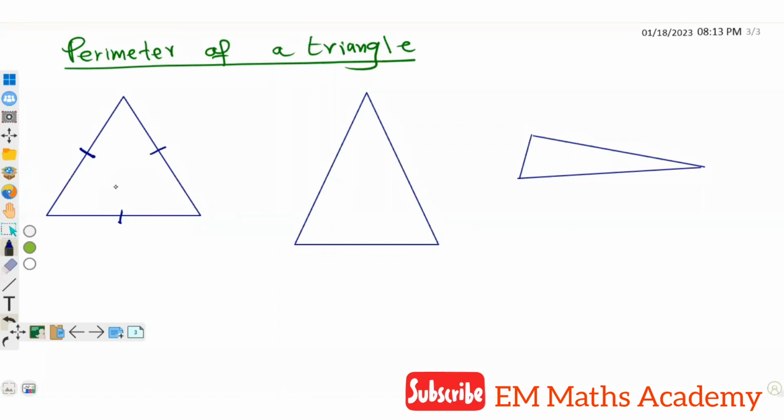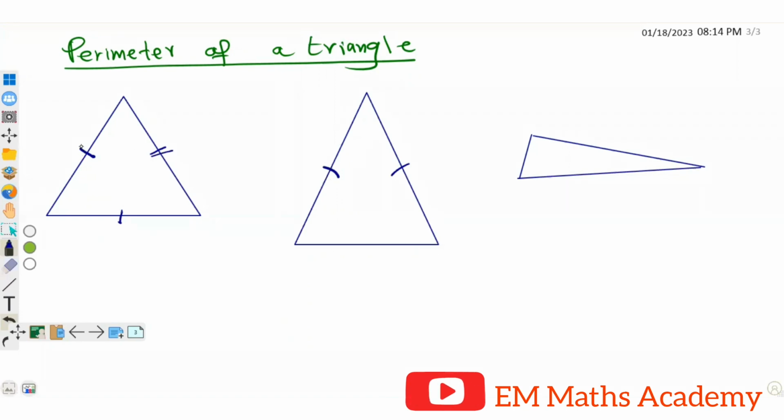Anyway, the number of straight line segments we use to indicate the equality should be equal. Now here these two are only equal, so we can show it like that, or denote it like this also. Then we do not use any straight line segment for this side.